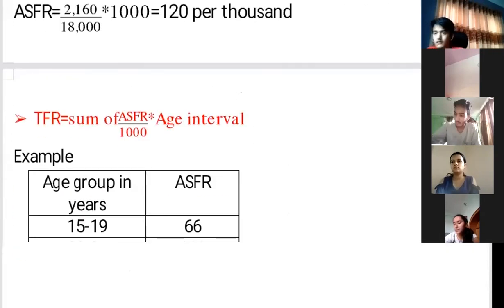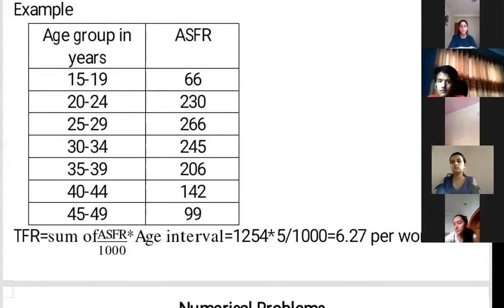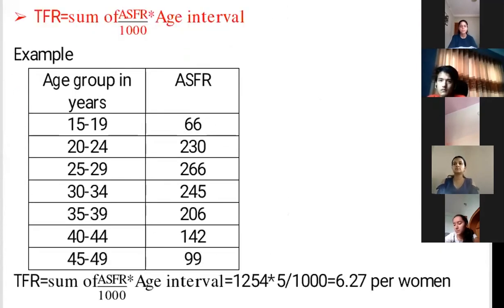And after that, the last measurement of fertility rate is the TFR, total fertility rate, and this is a little bit different from the other measurements of fertility rates. To calculate TFR, the formula is the sum of ASFR, where ASFR means age specific fertility rate, multiplied by the age interval, divided by 1000.